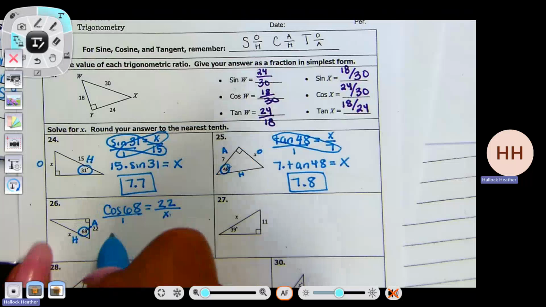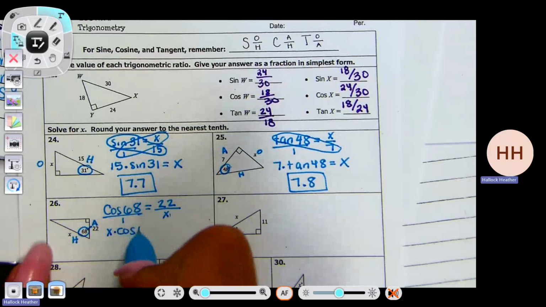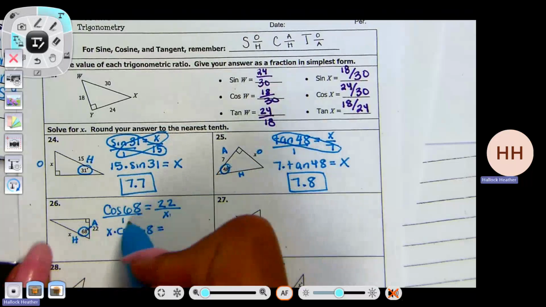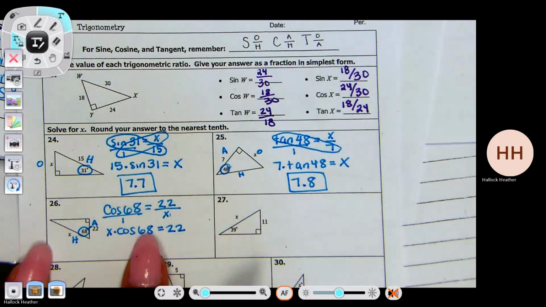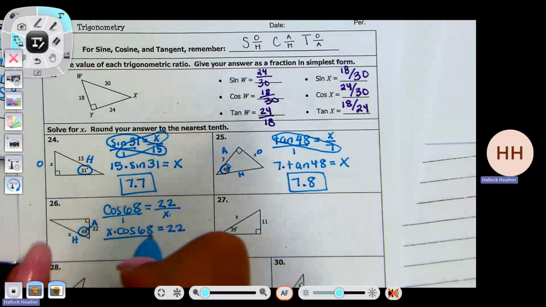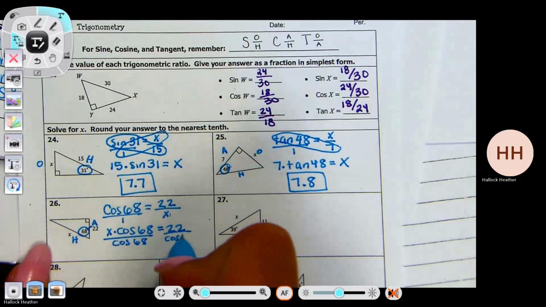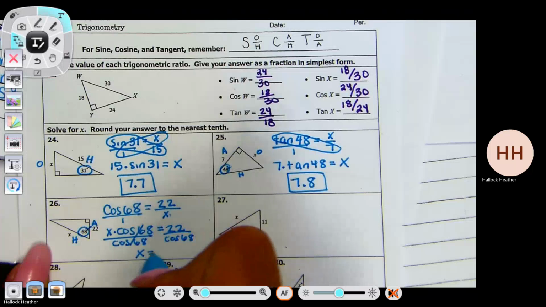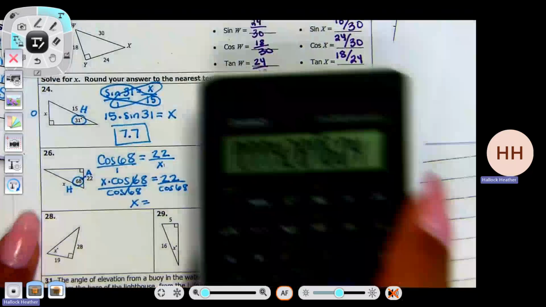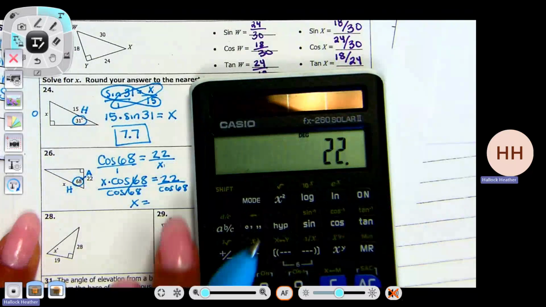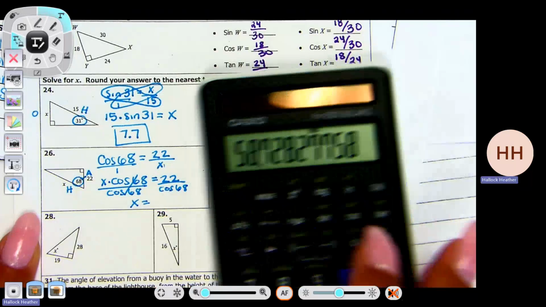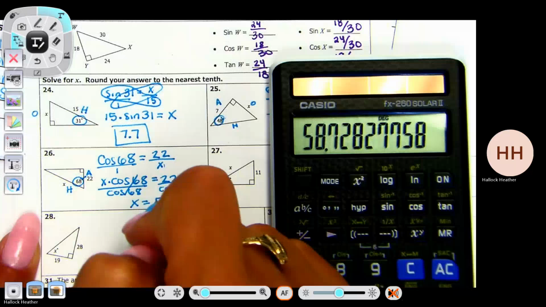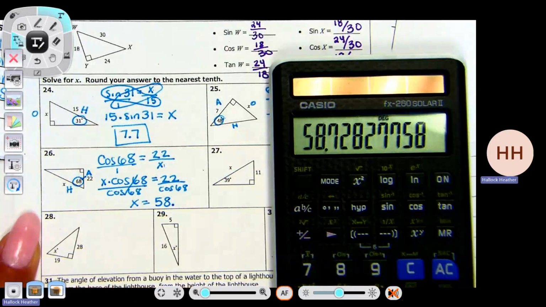So I'm going to multiply X times cosine of 68. 22 times 1 is 22. I have to get X by itself. So I'm going to divide both sides by cosine of 68. So in the calculator, I'm doing 22 divided by 68 cosine. Press equals. So I get 58.7.